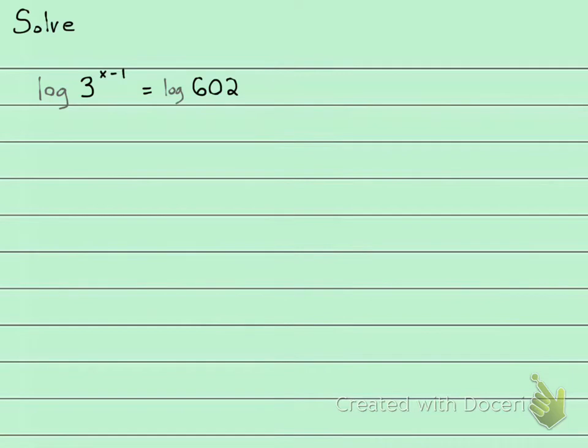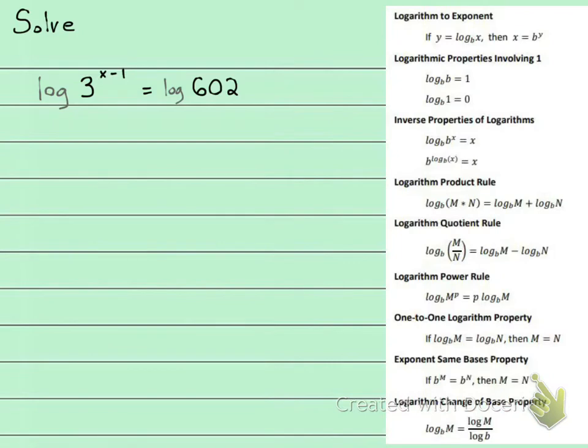Now, we have this rule, this property. Let me bring up the properties. And if you look right here, logarithm power rule, it says that whatever your exponent is up there can come right in the front of the logarithm, right here. And so that's what we're going to do.